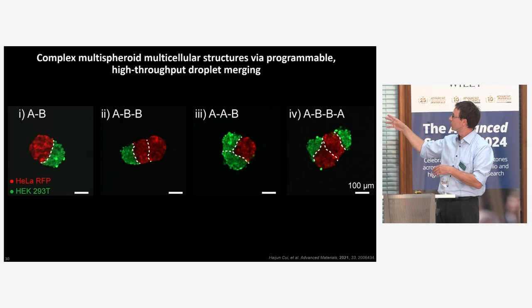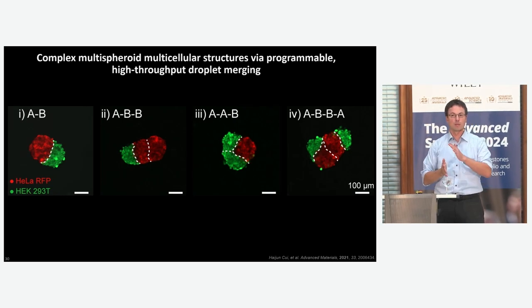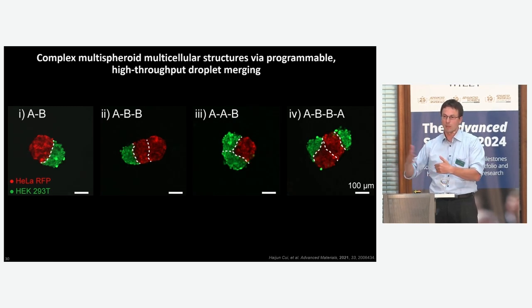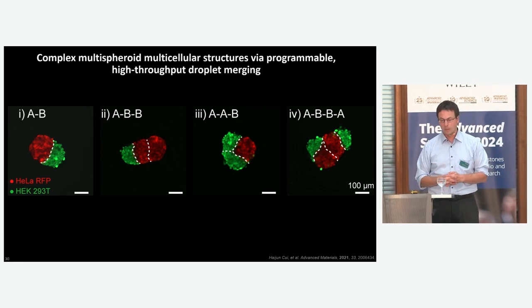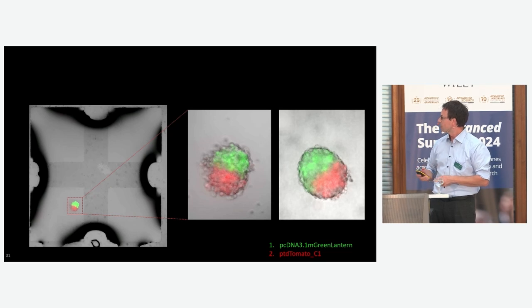So we end up with architectures where the boundaries between different cell types are still visible. And this is important to mimic natural tissue architectures where you have different cell types, obviously, and interfaces between cell types. It's also important for making more physiological models for drug screenings.